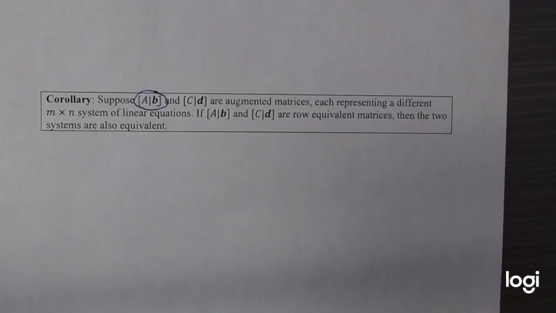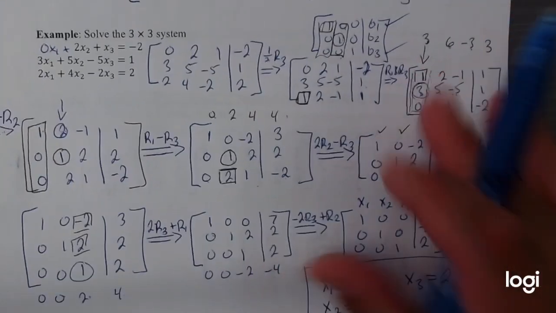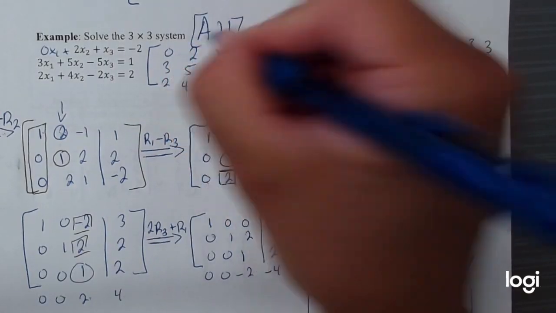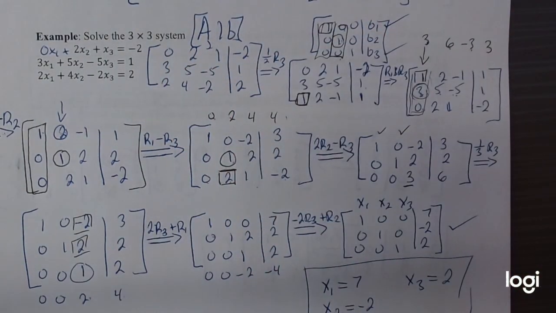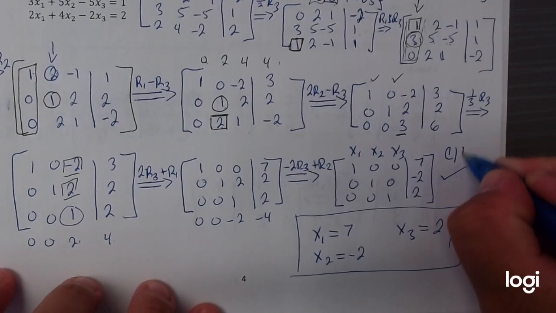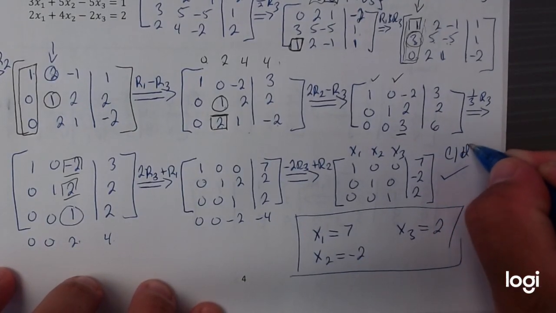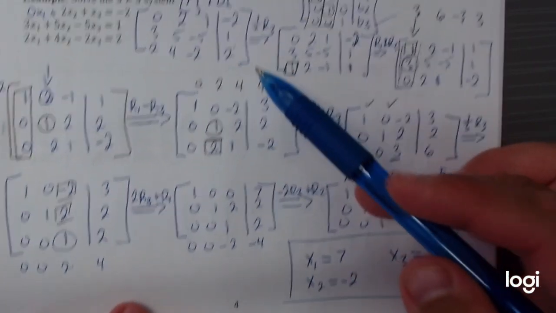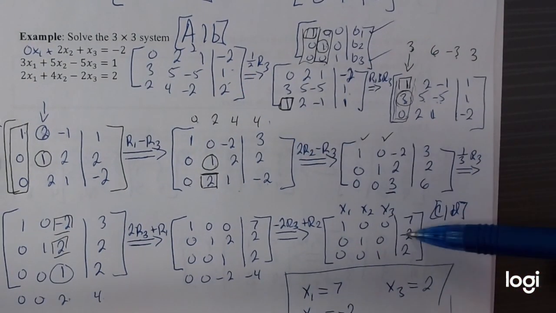Or in layman's terms, let's go back to our differential question. What this is saying, if this is A augmented B, this matrix here, and this is C augmented D, these two are equivalent. This one here and that one.